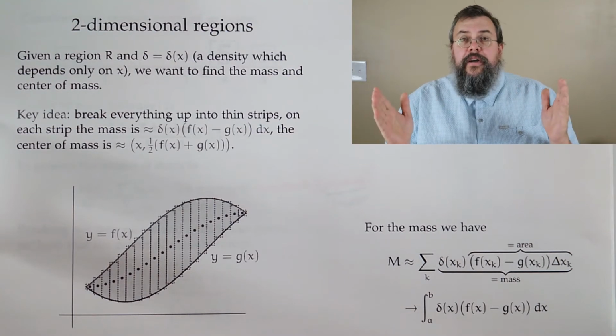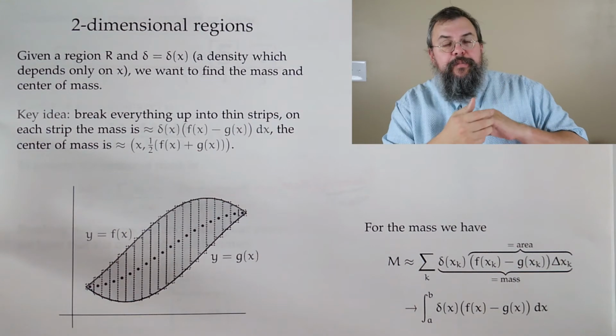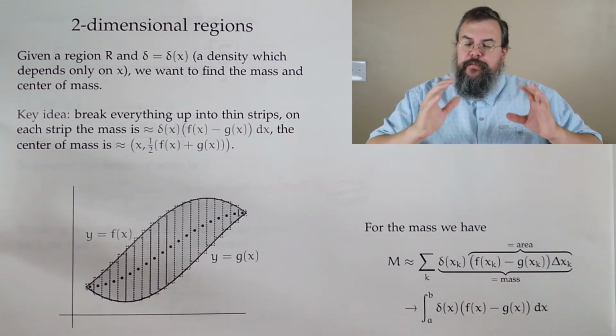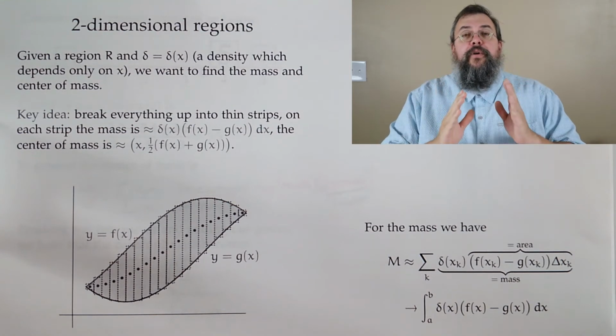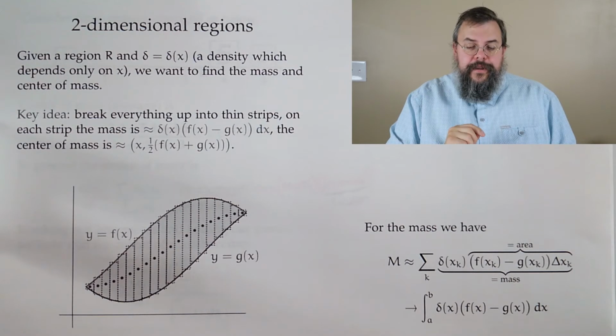It doesn't depend on the y-coordinate. Now, it could be the case that maybe it only depends on y, in which case we just change all of our integrals, put everything in terms of y. But the important thing is it only depends on one of our variables. We'll get to why that needs to be the case in just a second.